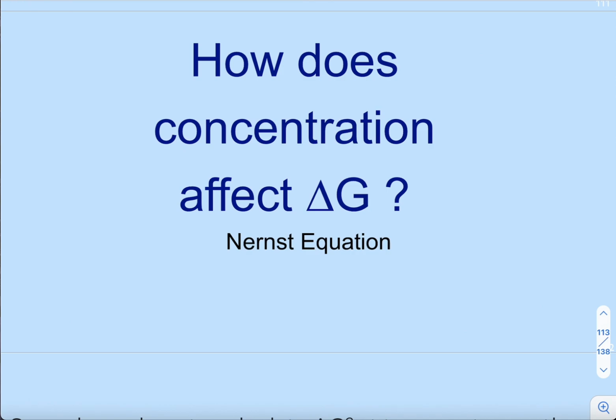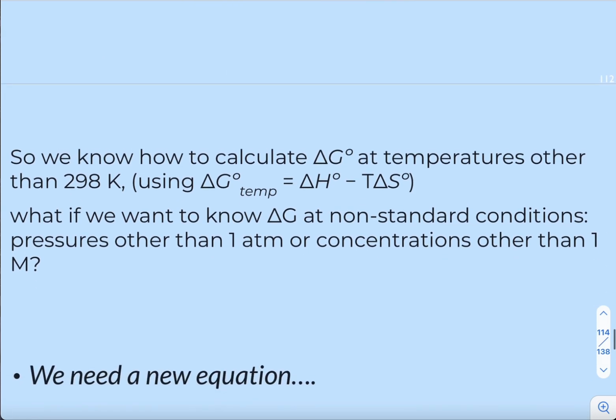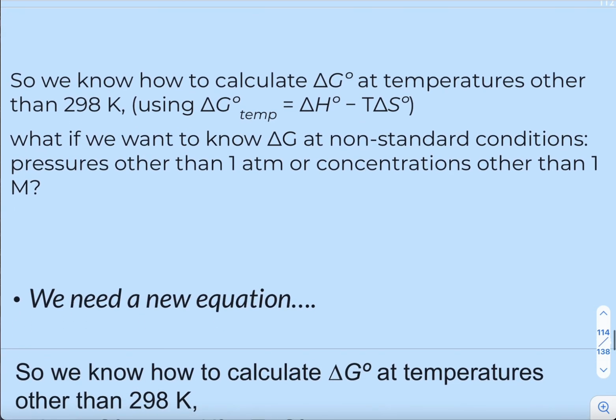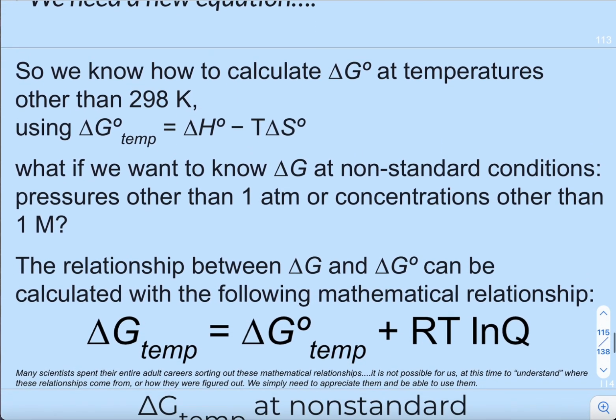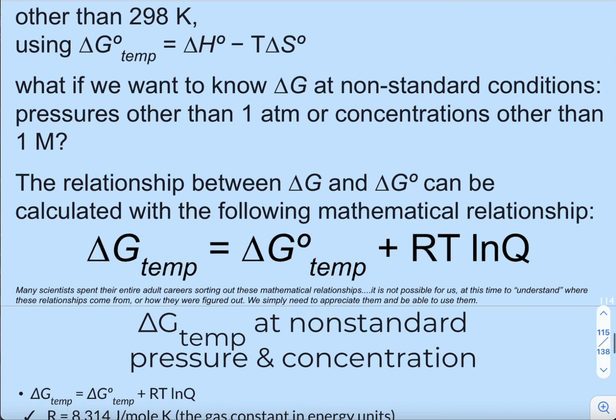So the Nernst equation has to do with concentration and delta G. So if we want to do delta G at pressures that aren't 1 atmosphere or concentrations that aren't 1 molar, we can use the Nernst equation. This is the Nernst equation. We don't need to know where this came from. You just need to know that it is a thing.